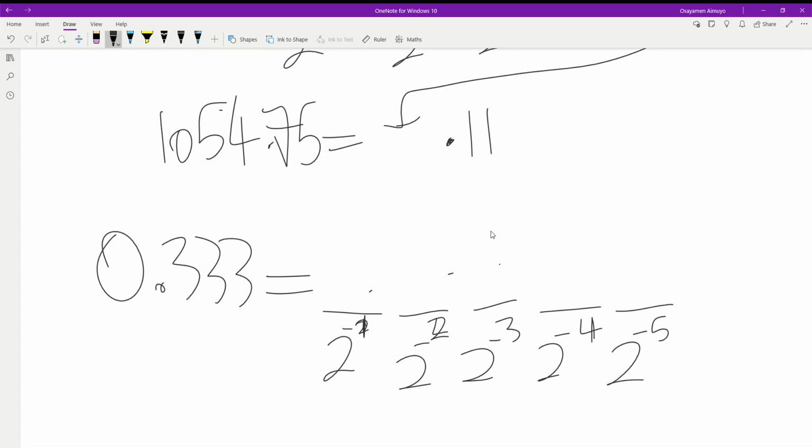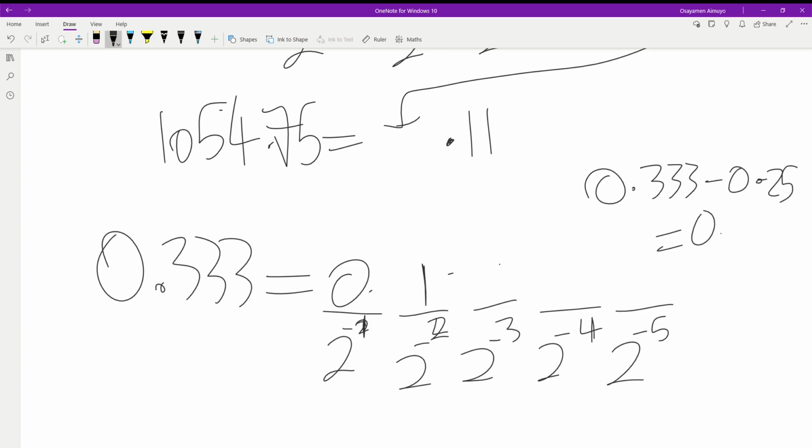Okay, so we know that 0.5 is greater than 0.333, so this is 0. This is definitely 1. So 0.333 minus 0.25, you have 0.083. And 2 to the negative 3, that is 0.125.